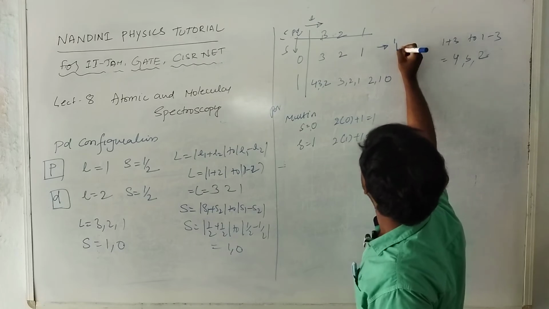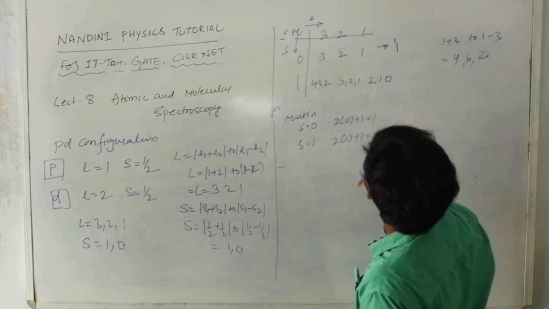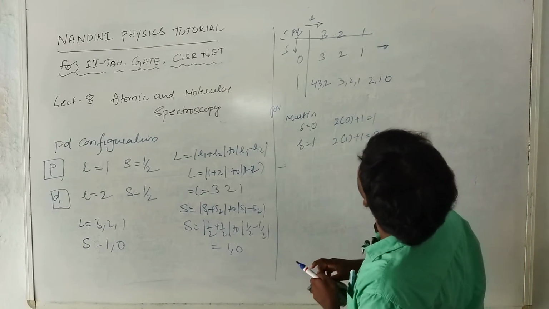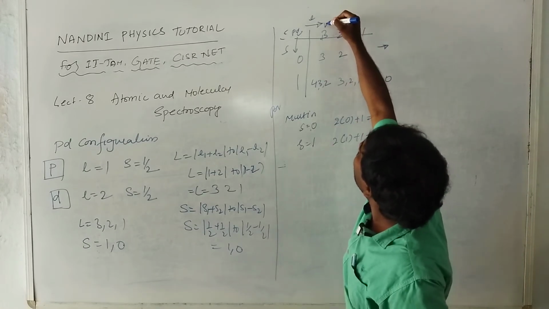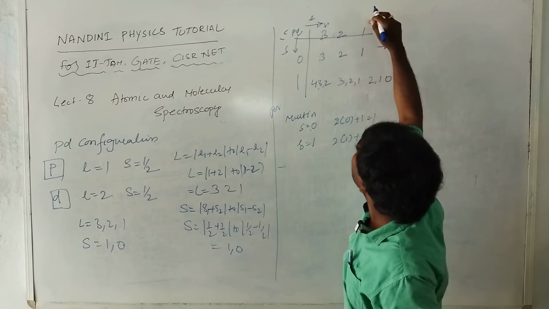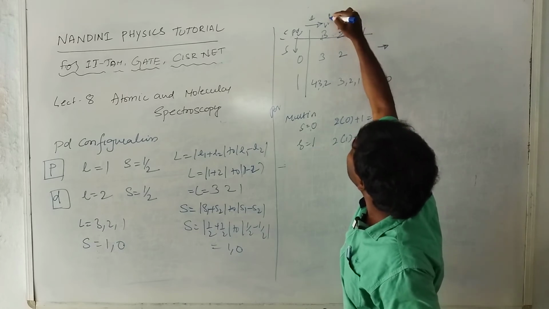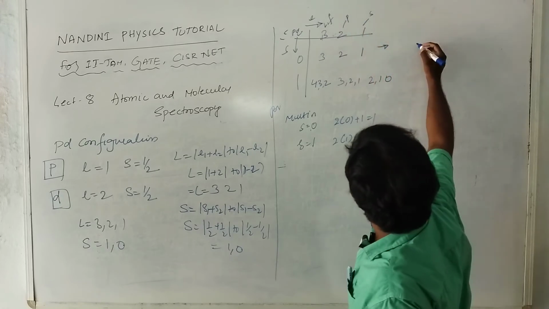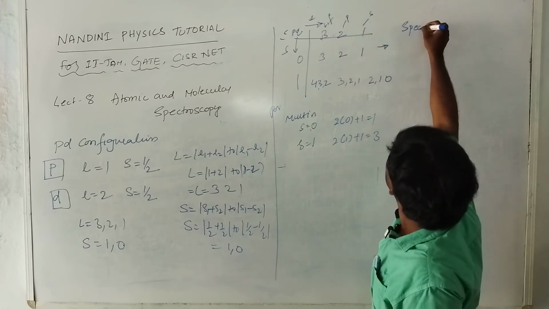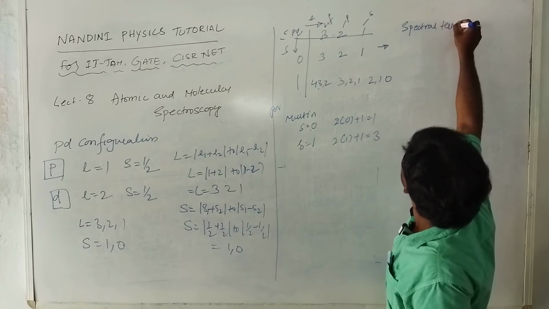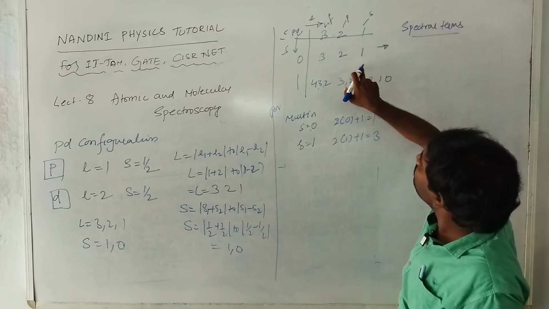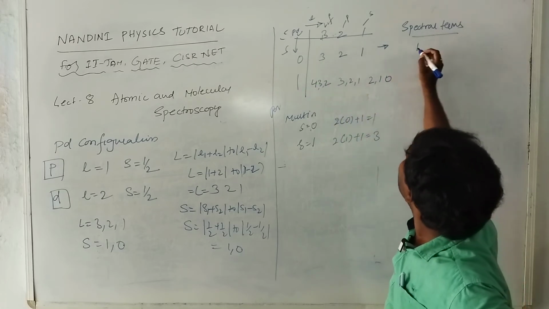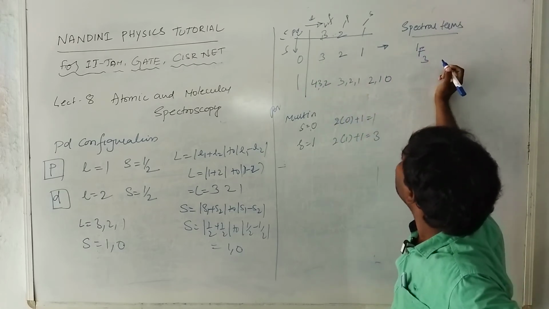These values 3, 2, 1 are L values, and L value 3 is F, 2 is D, 1 is P, and 0 is S. So the spectral term is the multiplicity, then the F state, and then the total angular momentum.